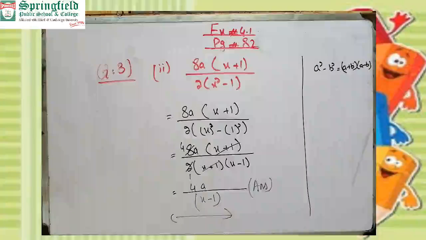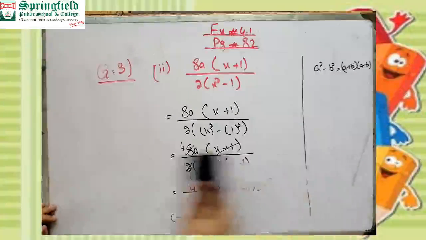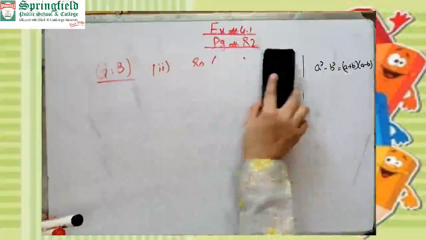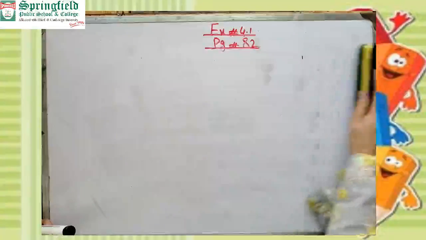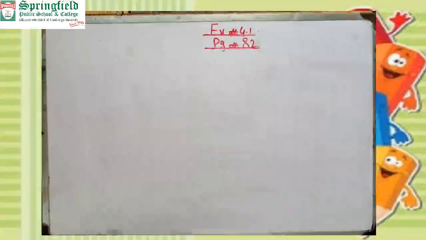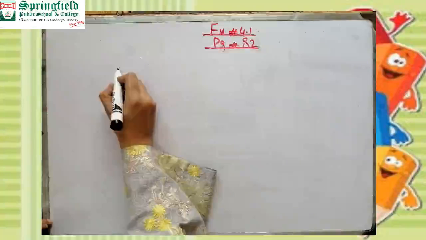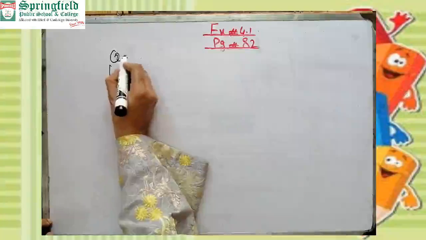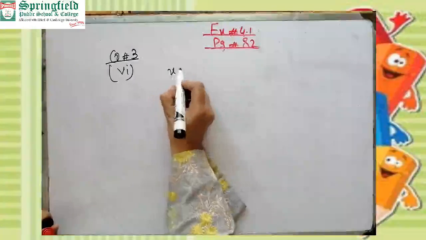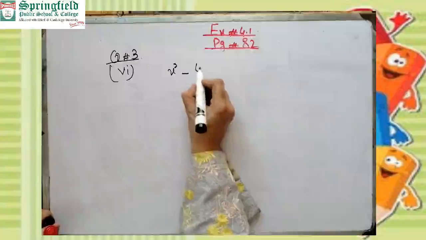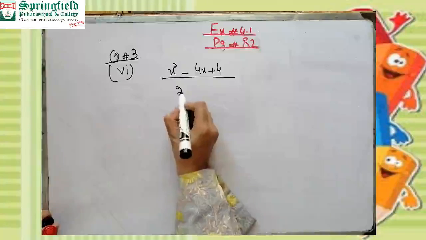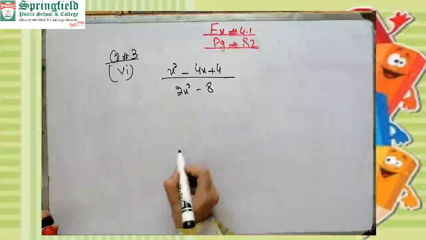Understood, beta? Okay. Now come on to the sixth part, sixth number. As we are doing question number 3, the sixth number is x square minus 4x plus 4 divided by 2x square minus 8.